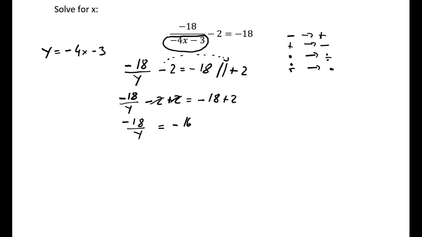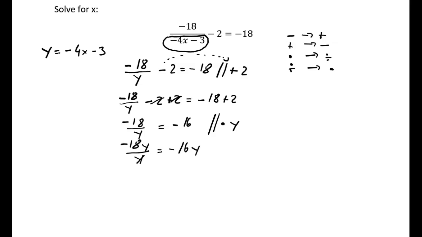Now we can multiply both sides by y. This is the inverse operation of this division. So we've got negative 18 times y over y equals negative 16 times y.